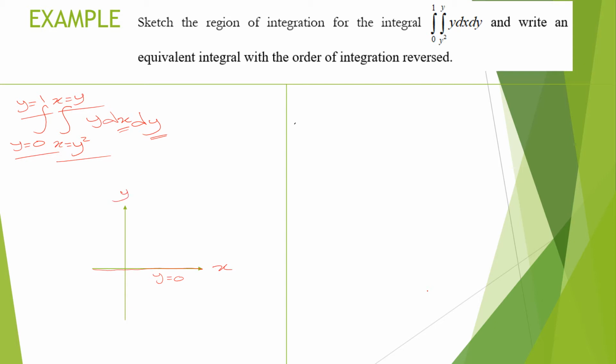If the value here is 1, then y equals 1 is this line. Label it y equals 1. Next, x equals y squared.